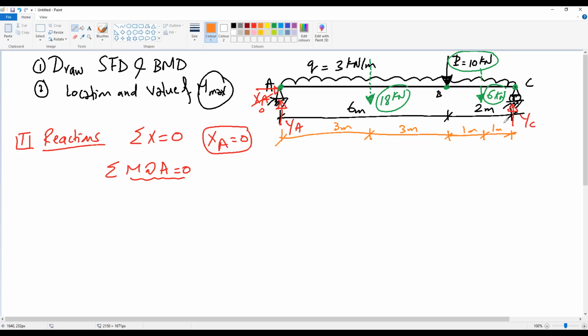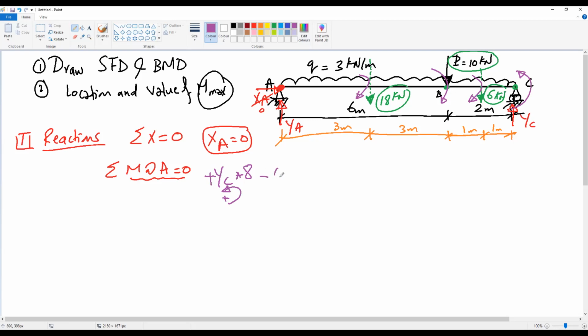Now we can apply the moment equation. If we apply summation of moment at A equal to 0, what forces cause moment? YC rotates in this direction, 6 kilonewton rotates in this direction, 10 rotates in this direction, and 18 rotates in this direction. So if we start with YC, YC multiplied by the distance, 8 meter, and it is rotating anti-clockwise, so it is positive.